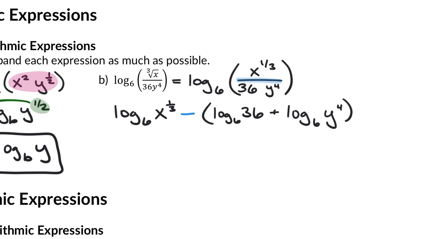Now, why did I put this little plus sign right here? Why do you think this plus is here? I separated them. In this denominator, aren't 36 and y multiplied together? So multiplying becomes adding.